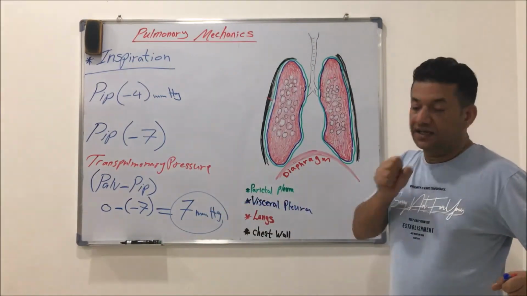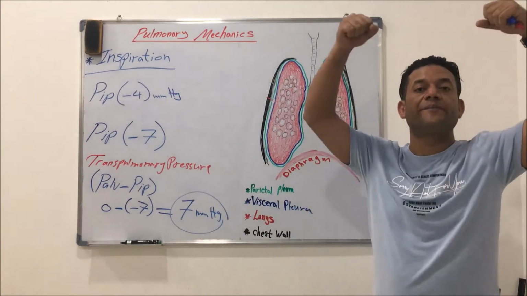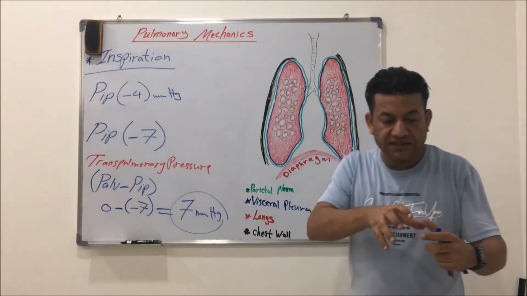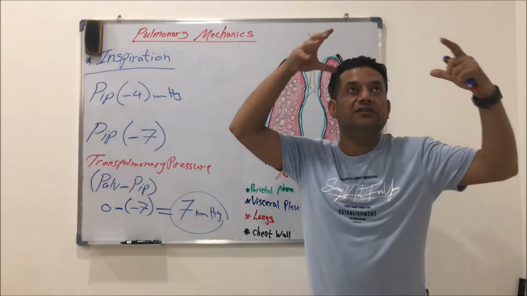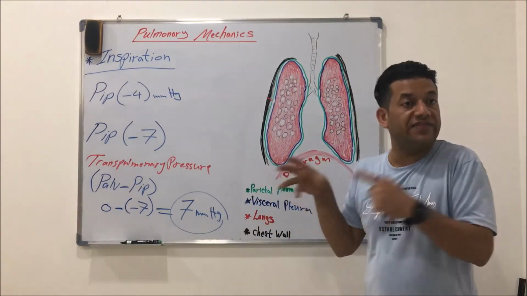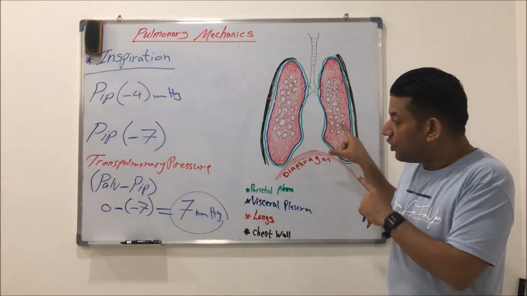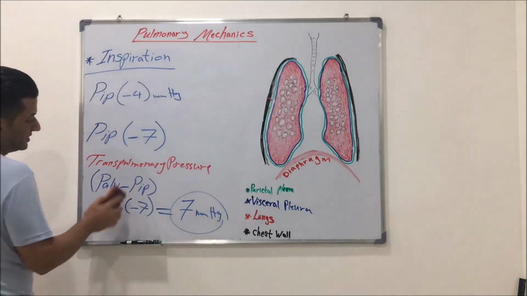So this increase in transpulmonary pressure will cause additional pulling on the lung. So the size of the lung will be increased, and the size of the alveoli themselves will also increase.